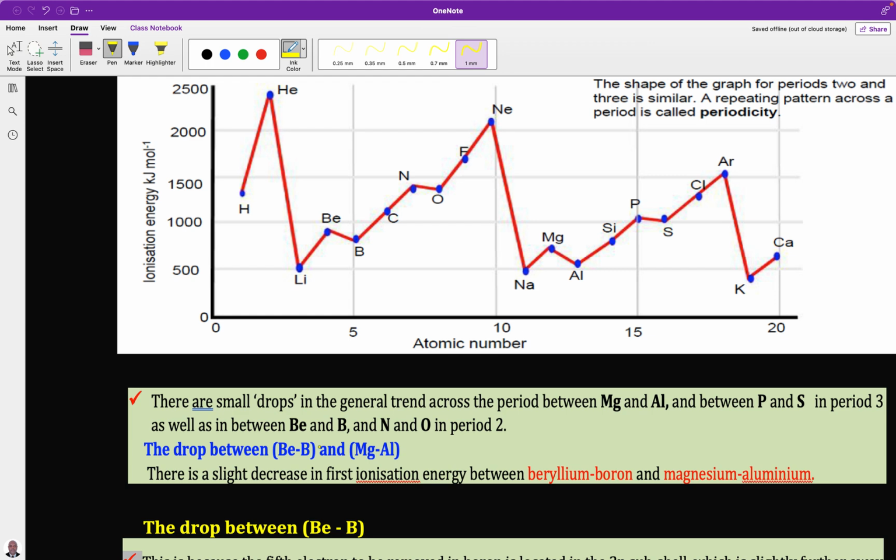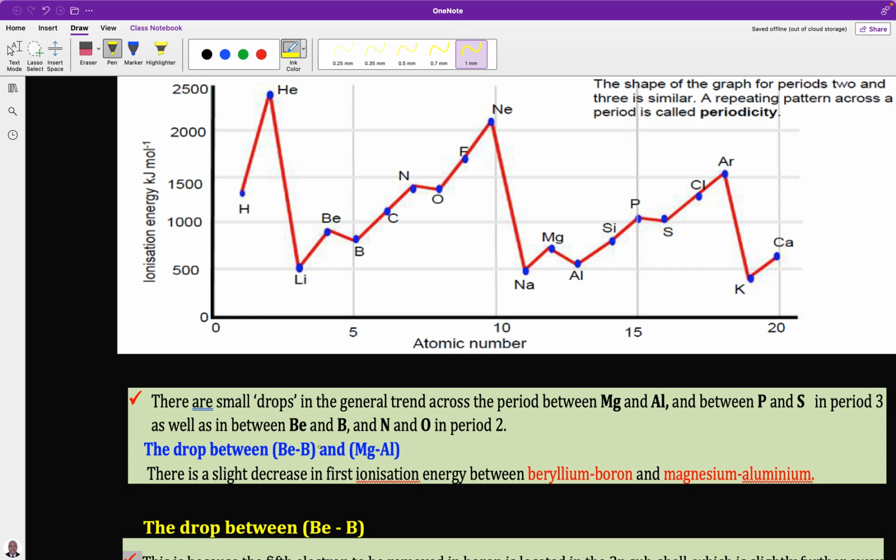And when the positive nuclear charge increases, there is a decrease in the atomic radius. The distance between the nucleus and the valence electrons is shortened, and the force of attraction between the nucleus and the valence electrons becomes stronger.